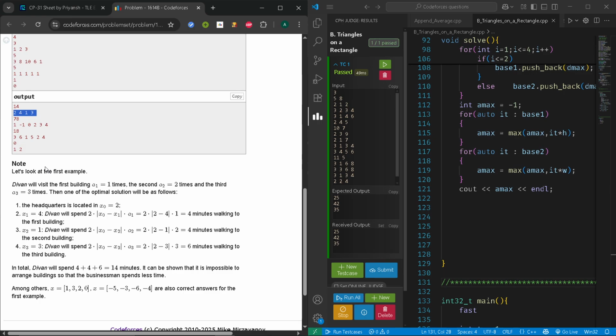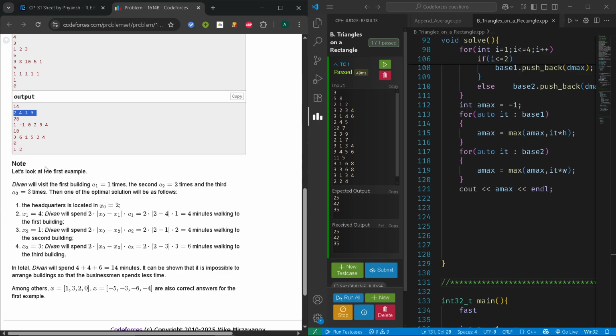Second building should be visited 2 times. This is 0 building, first building, second building, third building. x1 equal to 4. He will spend 4 minutes walking to the first building, and x2 equals 1. 4 minutes walking again.